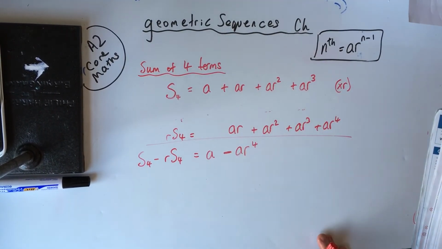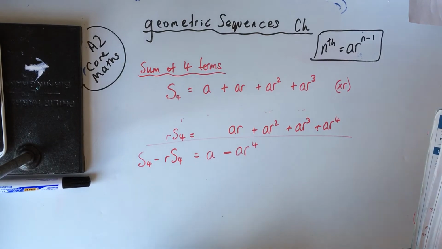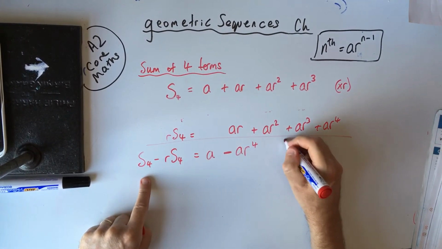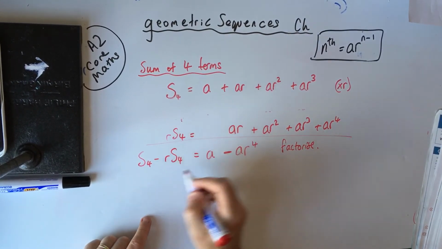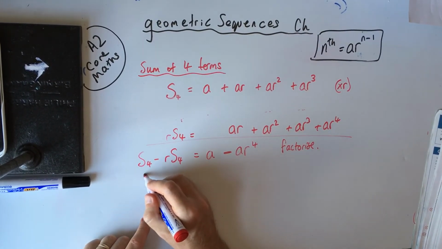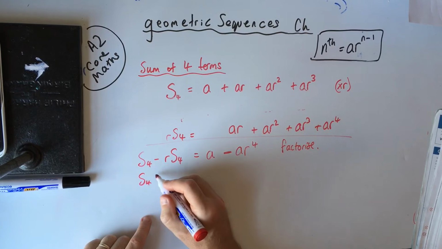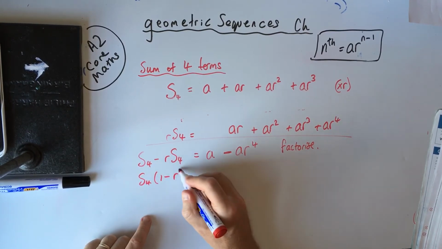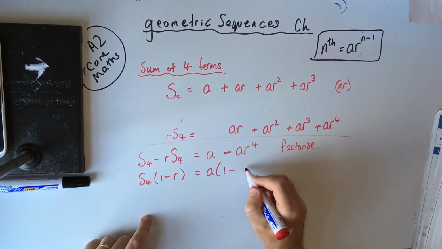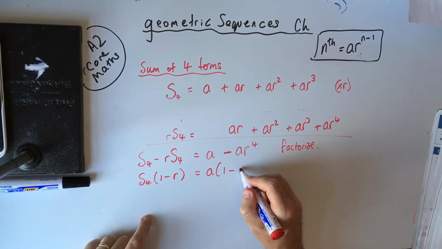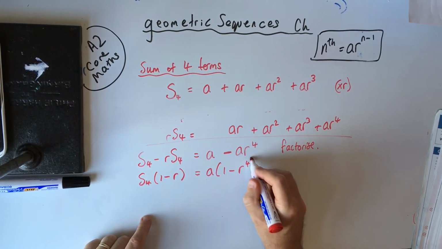Now if we factorise both sides, we can say that the sum of 4 terms is 1 minus r, minus r to the 4.